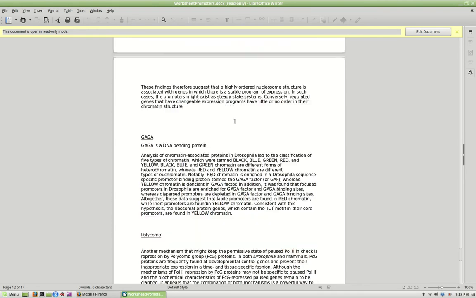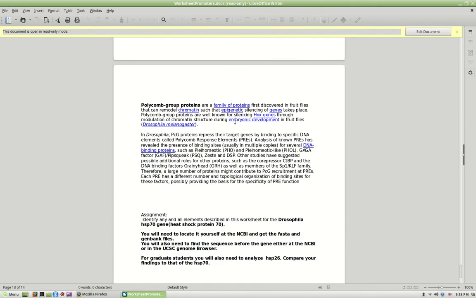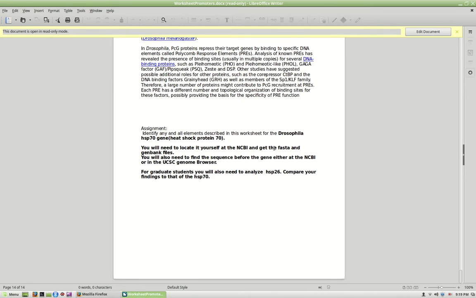So you need to read through this. Some of this is more important. Here is your assignment down here. You're going to do Drosophila, so that's flies. You're not going to be searching for human. You'll be searching through flies and find a gene called heat shock protein 70, or HSP70.